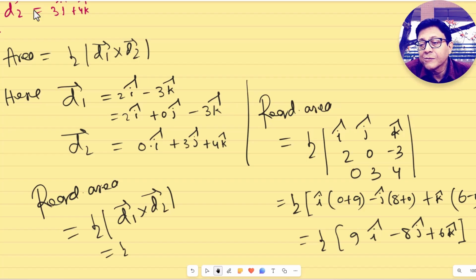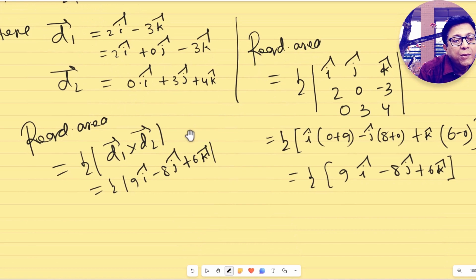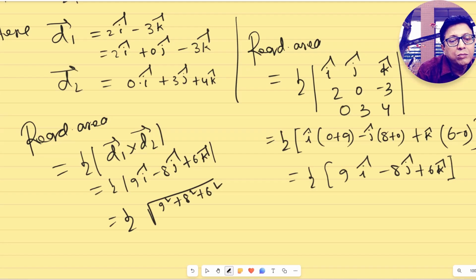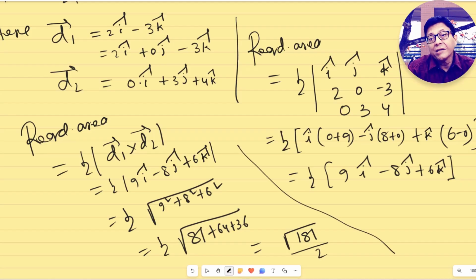Never keep the area in this format, you find the modulus. So the required area is going to be half mod of d1 cross d2, that is half into mod of 9i minus 8j plus 6k.